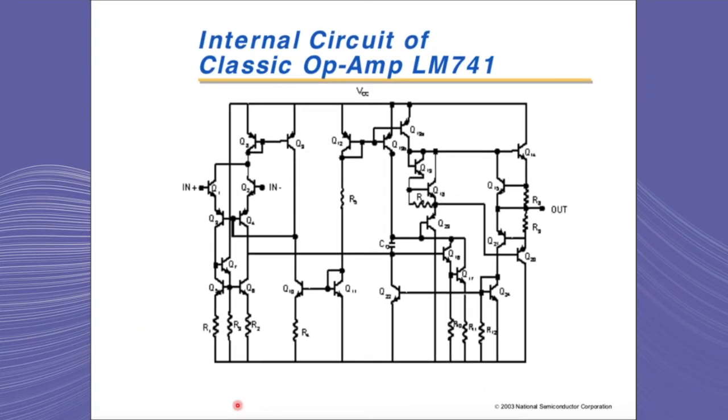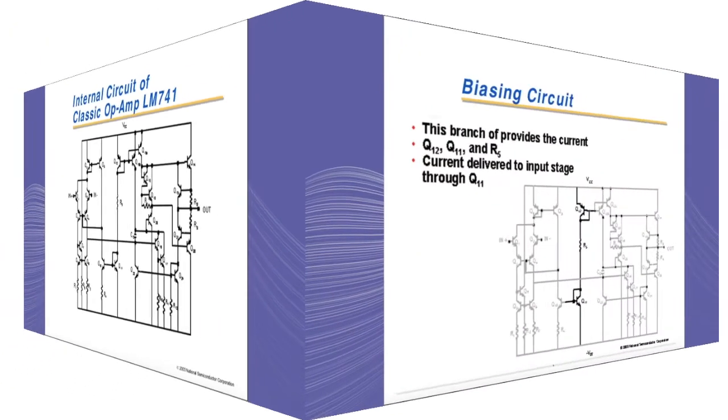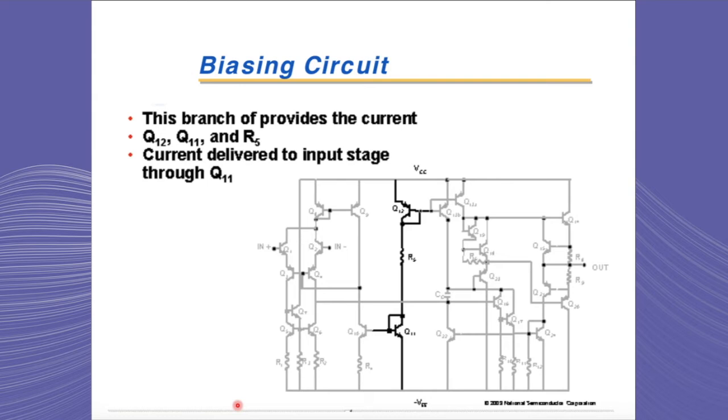This slide zooms in on the circuit schematic without showing the pins. The first part of the circuit that we're going to cover is the biasing circuit of the amplifier. The biasing provides the device with the current that it needs for driving all of the transistors in it.